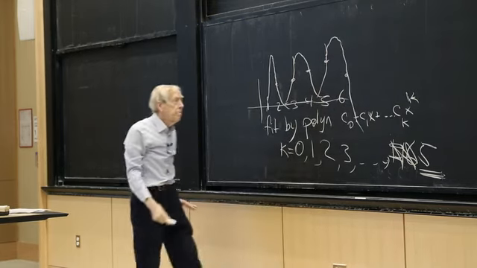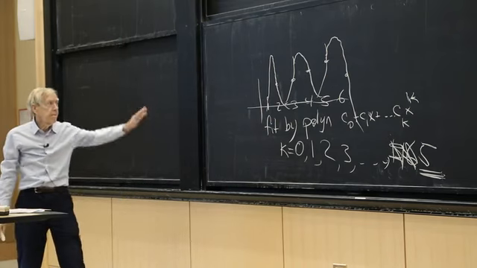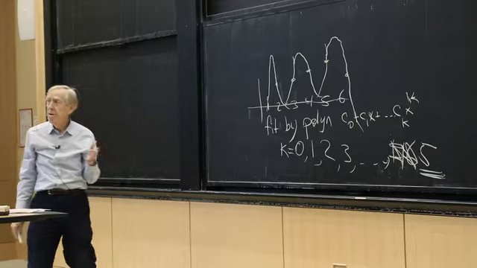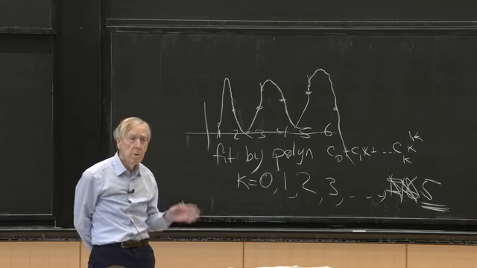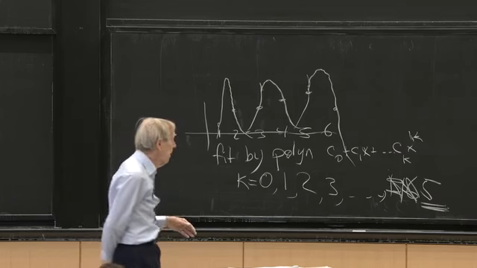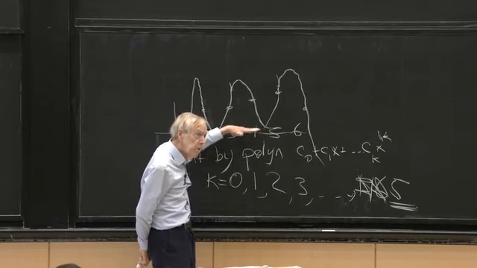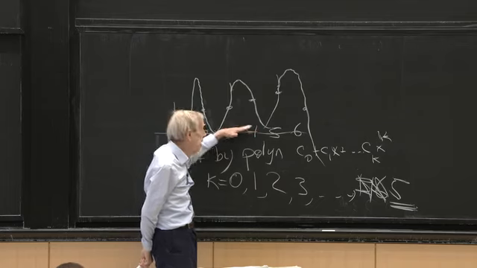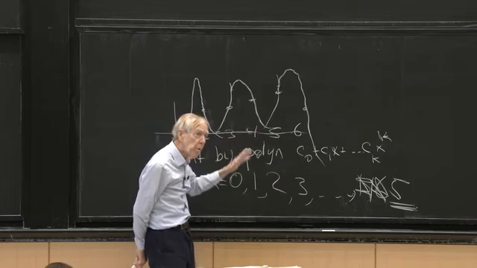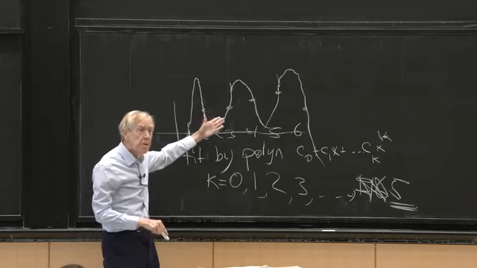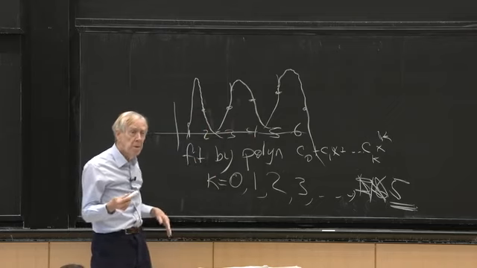And of course, I'm going to ask you to plot the results. What's the least squares error when you fit by a horizontal line, a constant, fit by a straight line, move up to parabolas, move up to cubics. But when you hit this, you're not making any error at all.